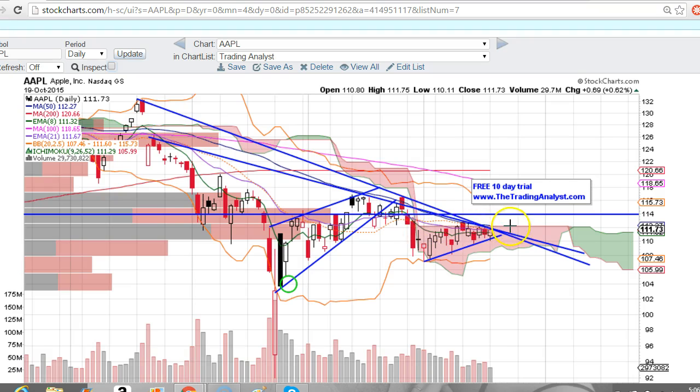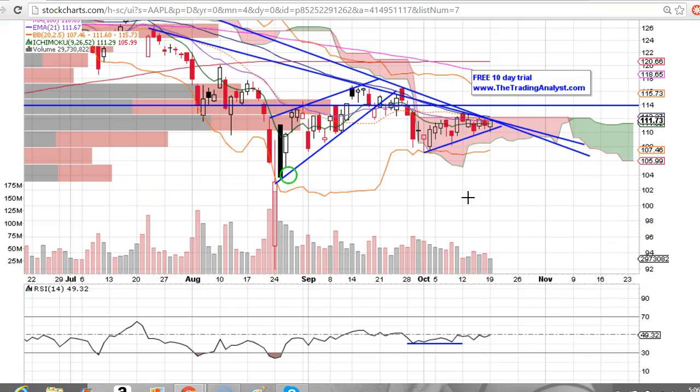We've got a major point of resistance at 112.50, between 112.50 and 114. If we break above 112.50, I think we can for sure see this 114 area break over 114. Next target would be 116 up here near the upper Bollinger Band.